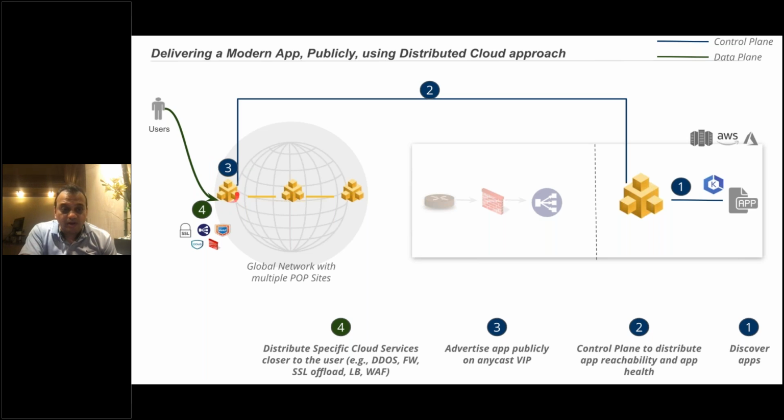So you can distribute some security functions closer to where the user is, so that all of your application firewall blocking happens away from your data center. This way it only sends good traffic here and keeps the bad traffic blocked right here.